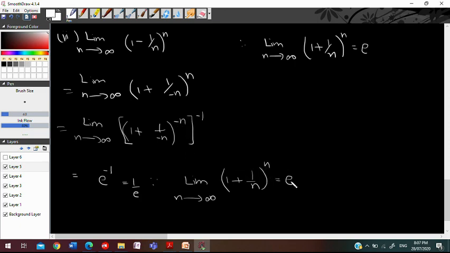But if we have this negative sign, what we will get is 1 by e. I will explain it more: limit n approaches to infinity, (1 plus 1 by minus n) power minus n, like this. Now clear? This part is equal to exponent minus 1. This is the simple solution of our third part. Now come to the next part.